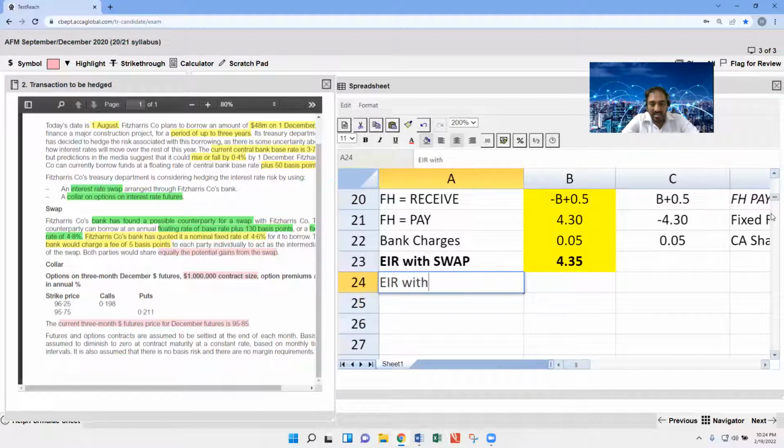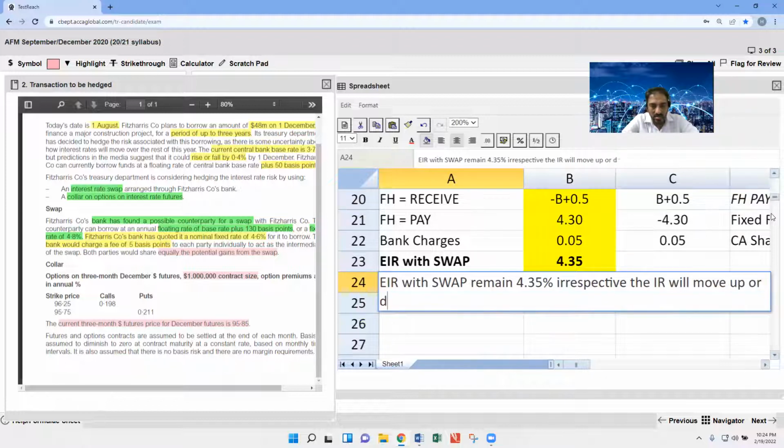Effective interest rate with swap remain 4.35% irrespective the interest rate will move up or down.